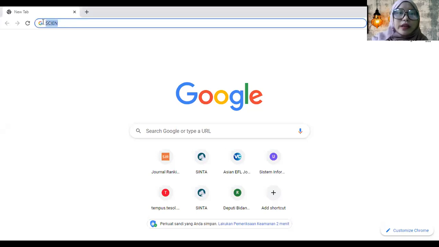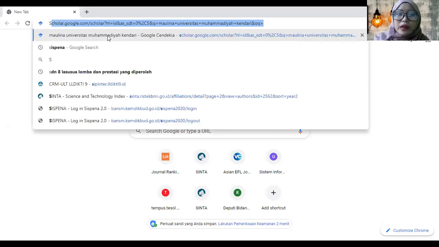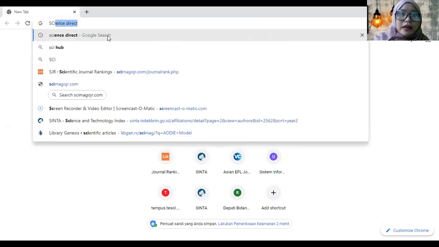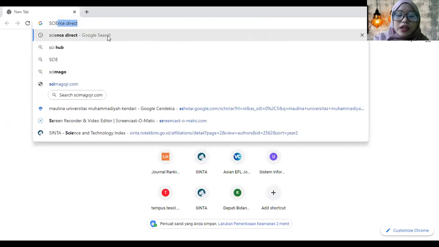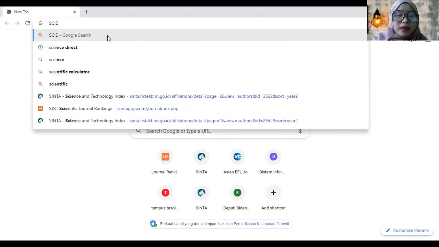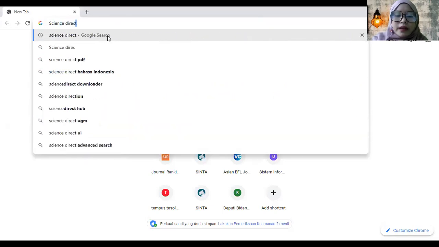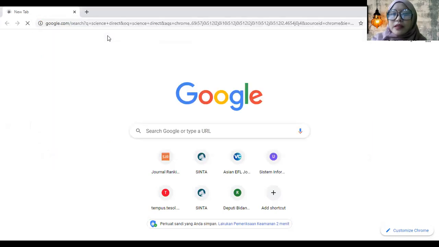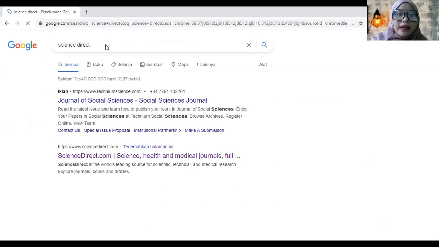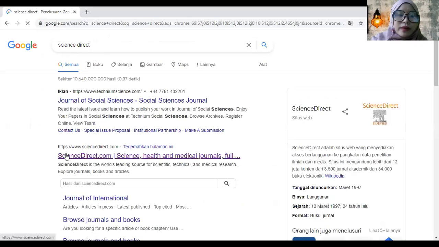You have to open a new tab, and then, for example, you write Science Direct. You're going to search articles in Science Direct. Type Science Direct, and it's open now.